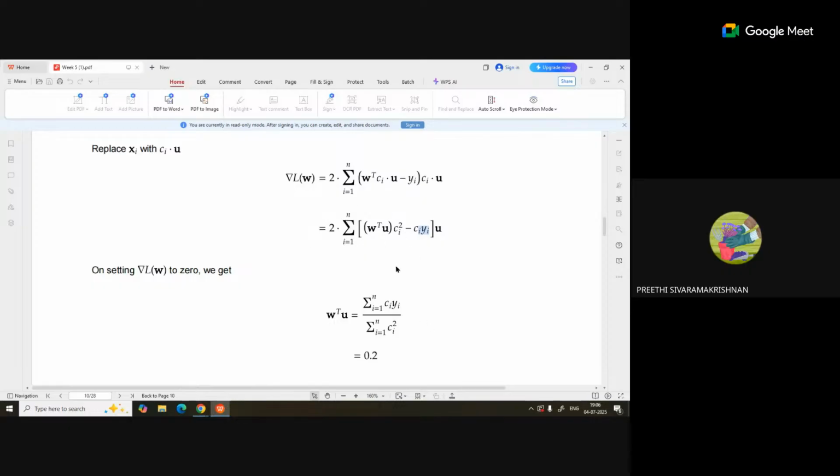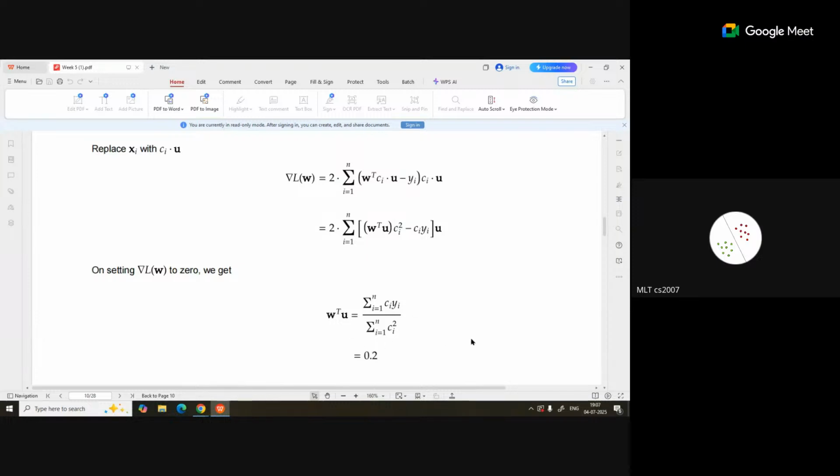Got it. Rearranging the terms. Right. And then W transpose U is common in this quantity, so W transpose U I'll take common, and I'll remain with summation of i equals 1 to n Ci square. Is that fine? Then W transpose U equals what? Summation of Ci yi divided by summation of Ci square.